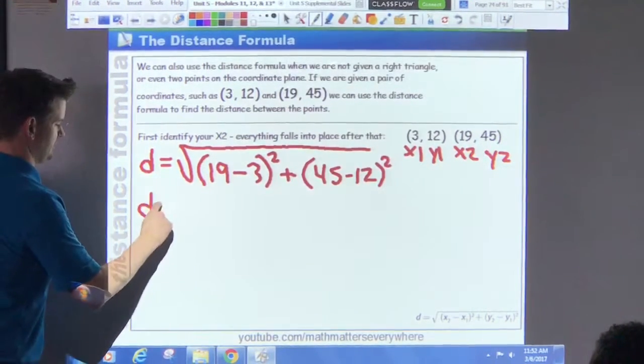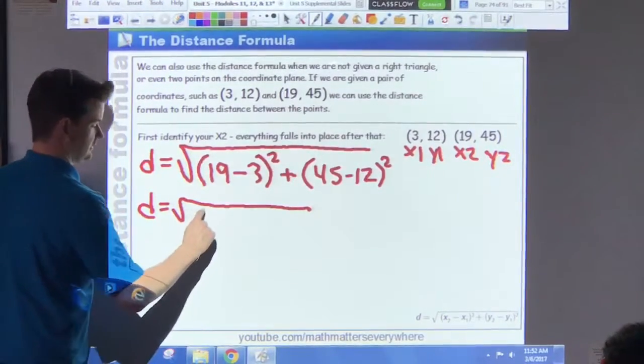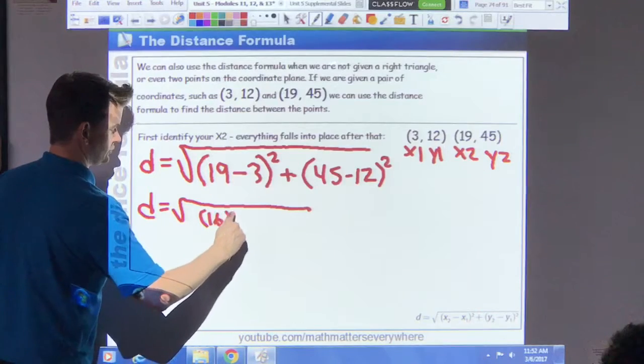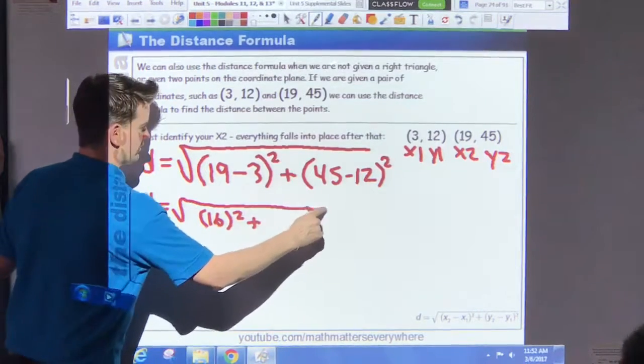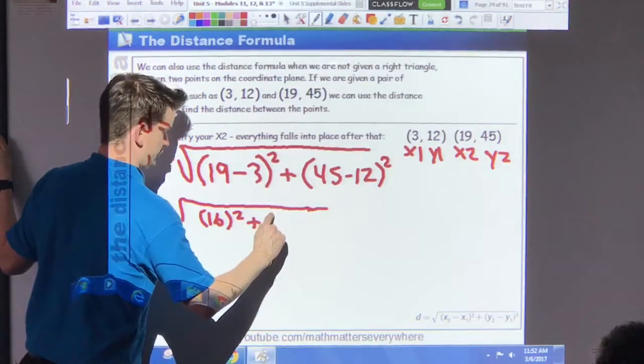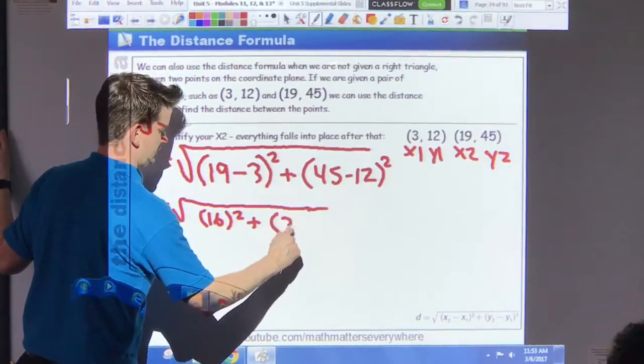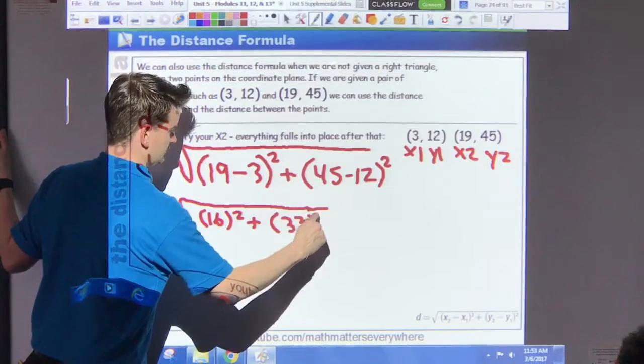So I'm going to have D is equal to the root. What's 19 minus 3? 16 squared plus 45 minus 12. 45 minus 12 is 33. 33 squared.